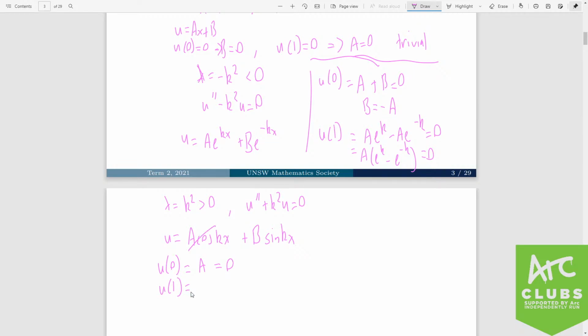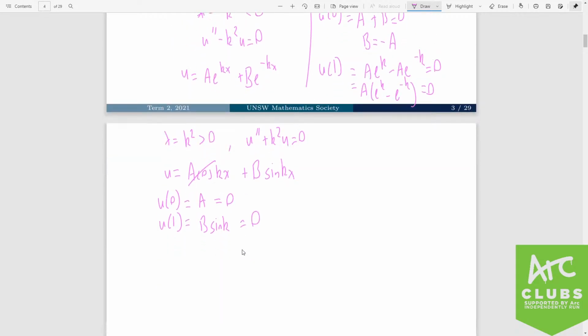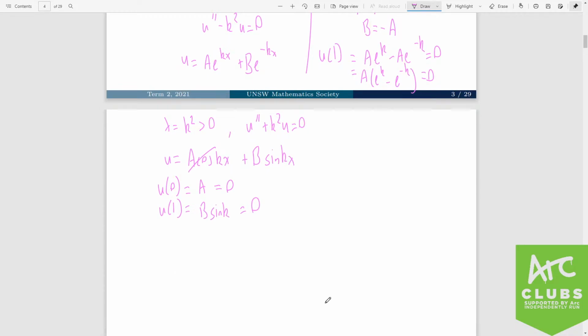And then u of 1 equals b sin k, and that is equal to 0. We could let b equal 0, but that's a trivial solution. Here we actually have another solution, which is when k is equal to n pi for any integer, and this will give us a solution that is non-trivial.